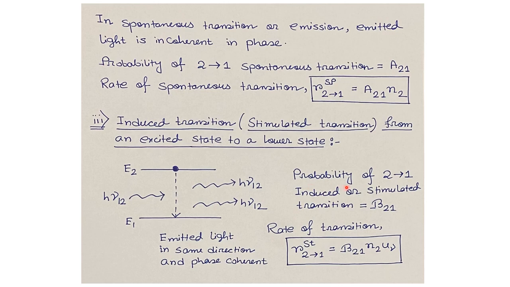The probability of the induced or stimulated transition from energy level 2 to 1 will be B21. The rate of this kind of transition is given by R from 2 to 1, with superscript ST, equals B21 times N2 times U nu.